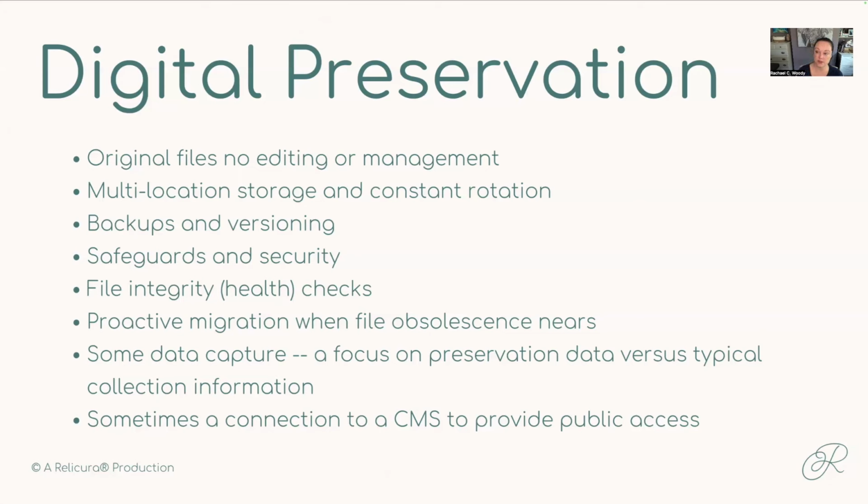So we need a system to pay attention, or a human to pay attention, to what types of file formats you have in your particular file collection and whether those file types are nearing some sort of obsolescence, whether that is the actual software that creates those files is no longer being made, or the particular file, maybe it was open source and there's just not any development further for that particular open source file, that type of thing.